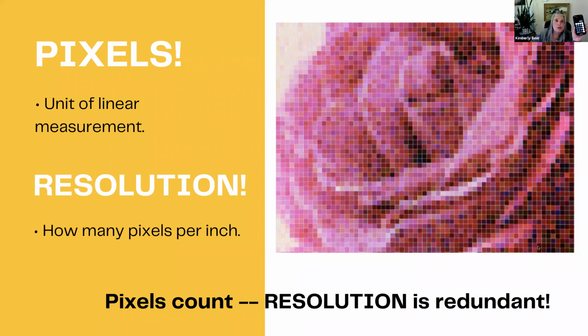So we would need 432 pixels on whatever edge we're counting. Most of the time we're doing it on a long edge. If we wanted the same image to show up in a printed document at 6 inches, we would take 6 times 300, which would be 1800 pixels wide.